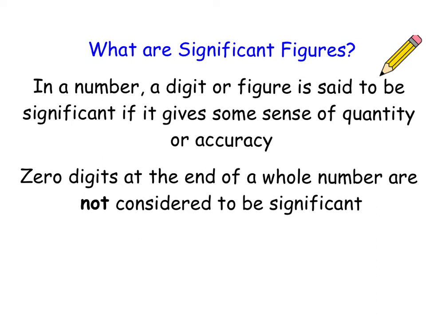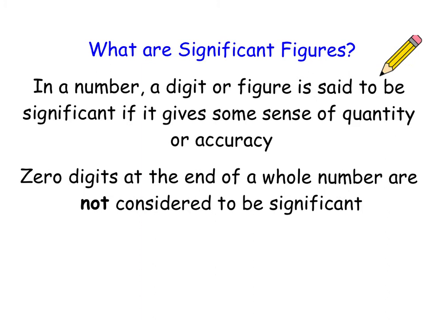And if we're dealing with really big numbers, 0 digits at the end of a whole number are not considered to be significant. So what I mean by that, if I gave you the number 8,000, these three zeros here are not significant, okay? This in fact has one significant figure, okay?